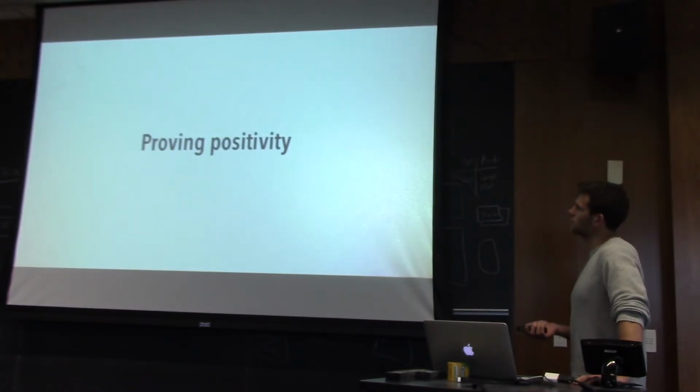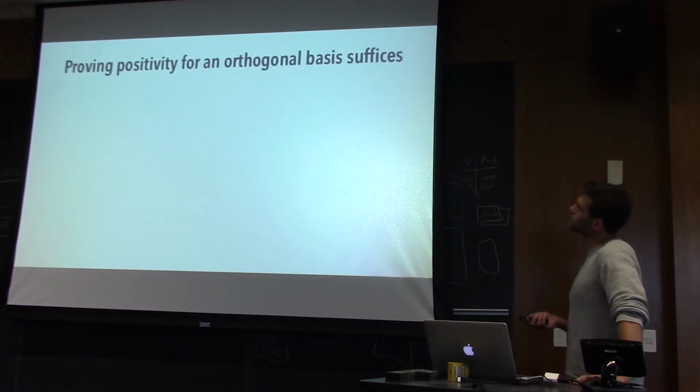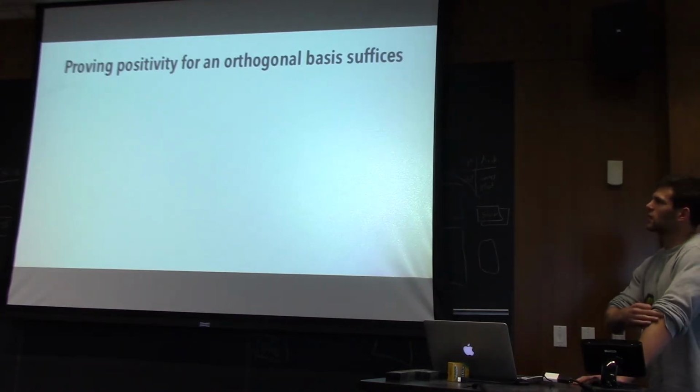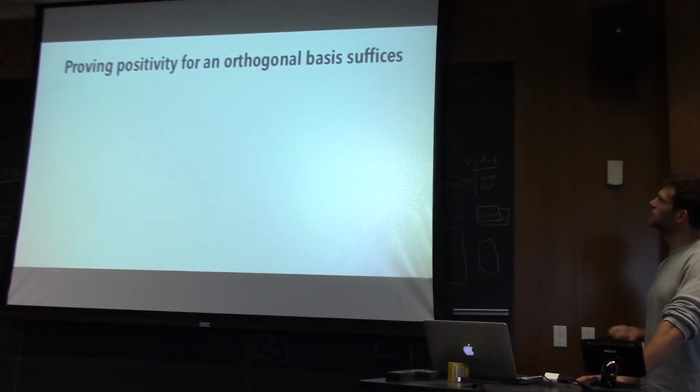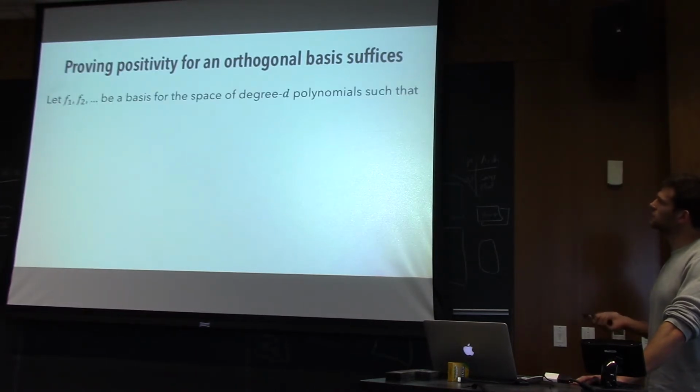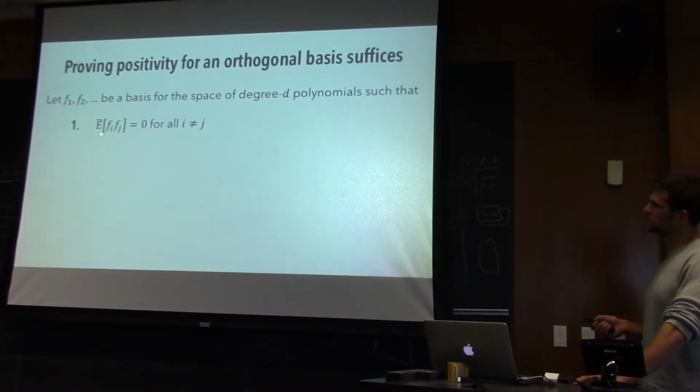All right. So how do we prove that this positivity condition holds? First of all, an observation from Barak and Kothari from their lower bound is that if you prove positivity for some orthogonal basis, that's enough. So let these f_i be a basis for the space of degree-D polynomials such that it's orthogonal under this pseudo-expectation operator, and positivity holds for the basis elements.